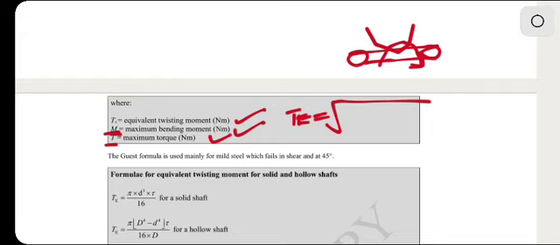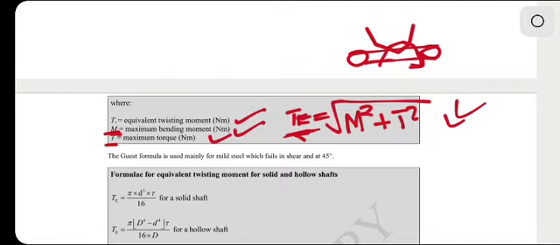This is what we'll have here: the square root of the maximum bending moment squared plus the maximum torque squared. This is our equation that we're supposed to know, our formula. This is called the equivalent twisting moment.